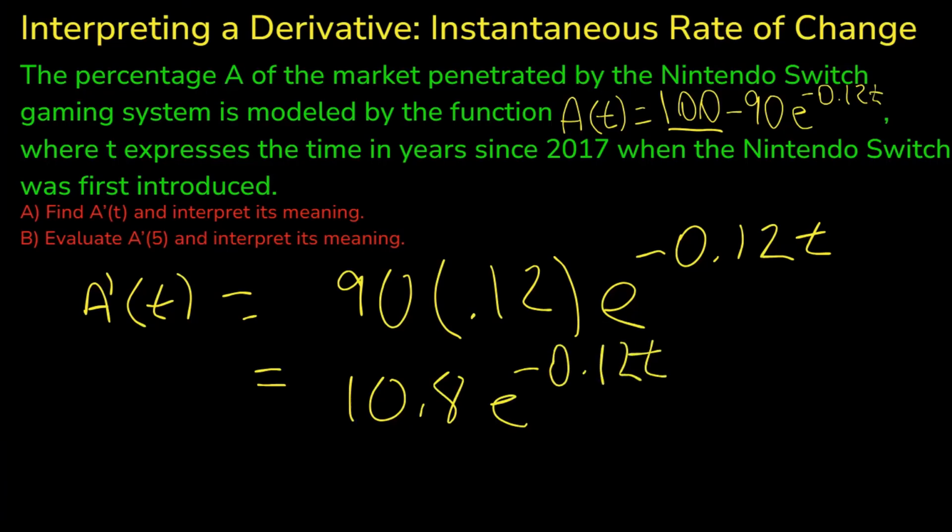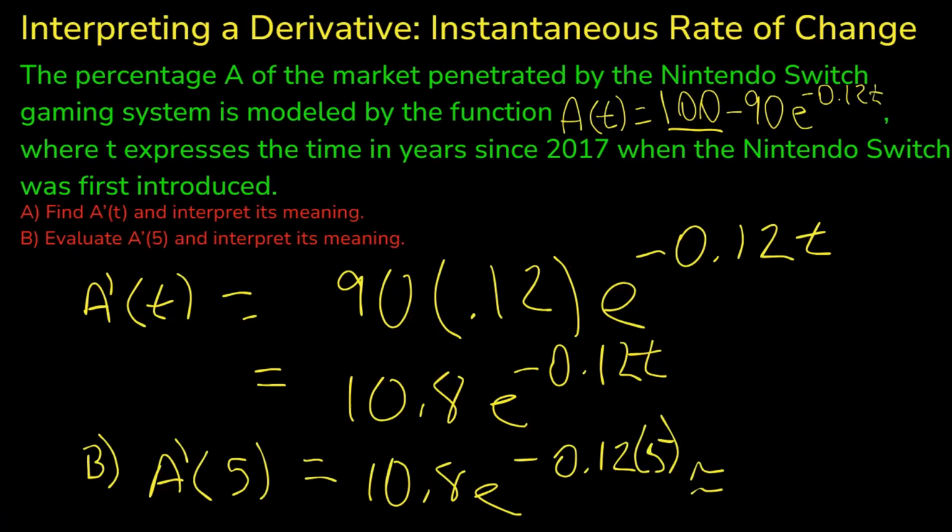So what this represents is A prime of t is the rate of change of the percentage of the market penetrated by the Nintendo Switch. In this situation, we won't have a numerical value because we're interpreting the actual function for the rate of change, not a specific value. However, in part B, we're going to evaluate it at 5, and you would have approximately 5.927.